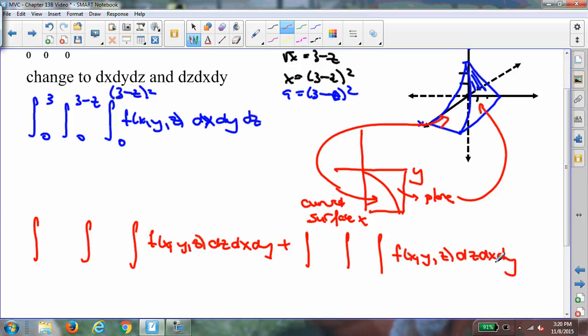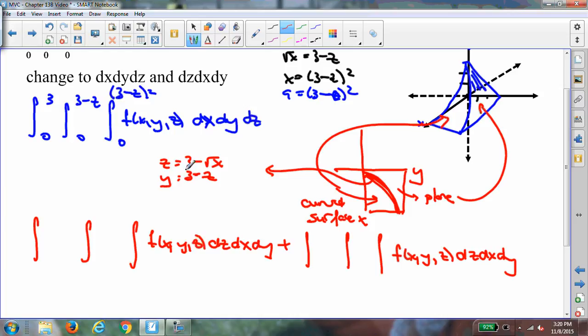Now the dividing point for both of these is this curve right here. That curve is the intersection of the curved surface, z equals 3 minus root x, and the plane y equals 3 minus z.